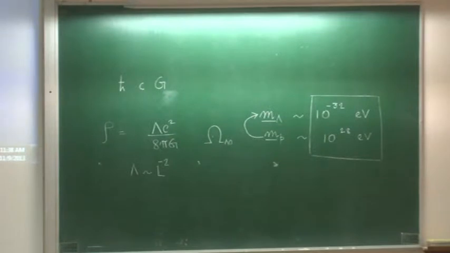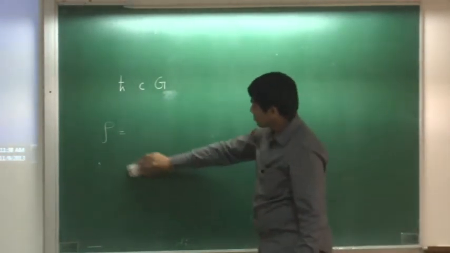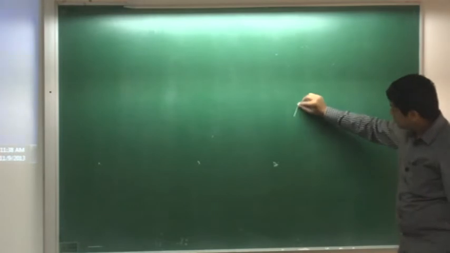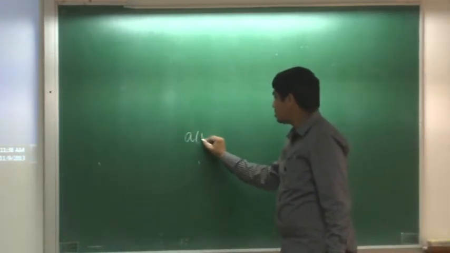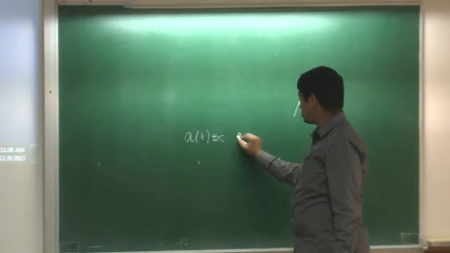Okay. So the other problem that we have is the following. What does lambda do to the expansion of the universe? How does a behave as a function of t? So this is exponential, right?